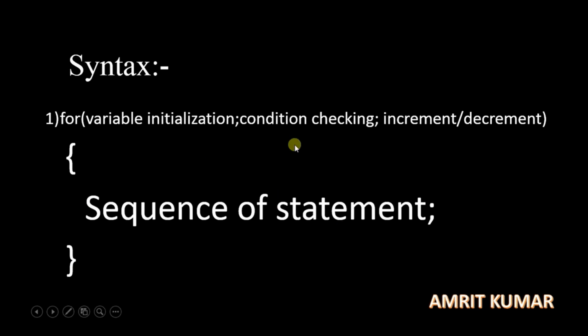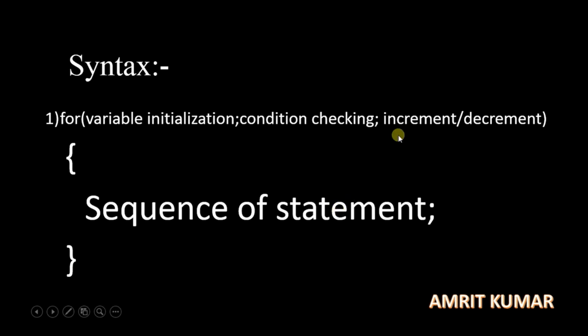If the condition is true, it works on the same concept as the while loop, but the syntax varies. The variable initialization comes first, then after that the condition checking. If the condition is true, then this statement is going to be executed.